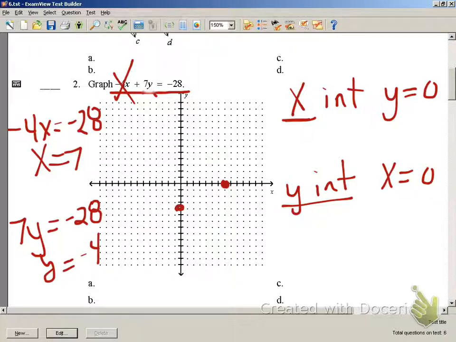So I'll put a point there. And when I have that point placed, I will then connect the dots as best as I can. And there's the graph of that line for negative 4x plus 7y equals negative 28. If you want to put it in slope-intercept form where you're solving for y, and you can identify your y-intercept and your slope, perfectly all right. Choose your method.